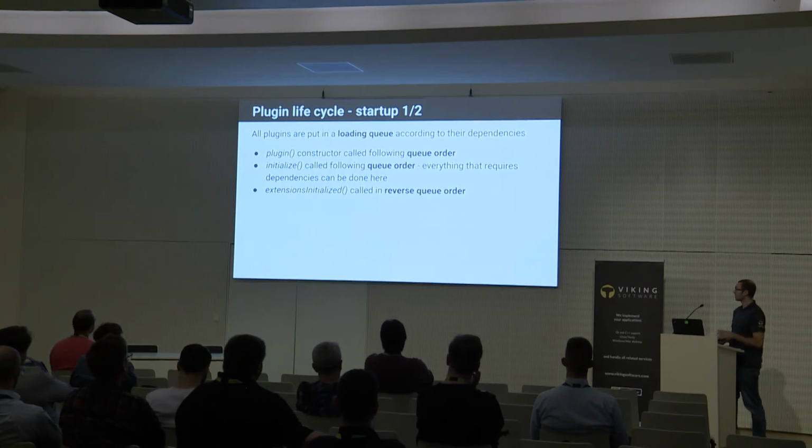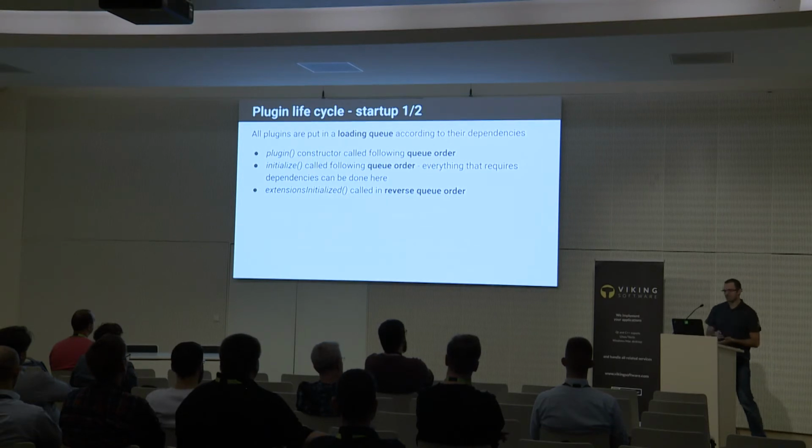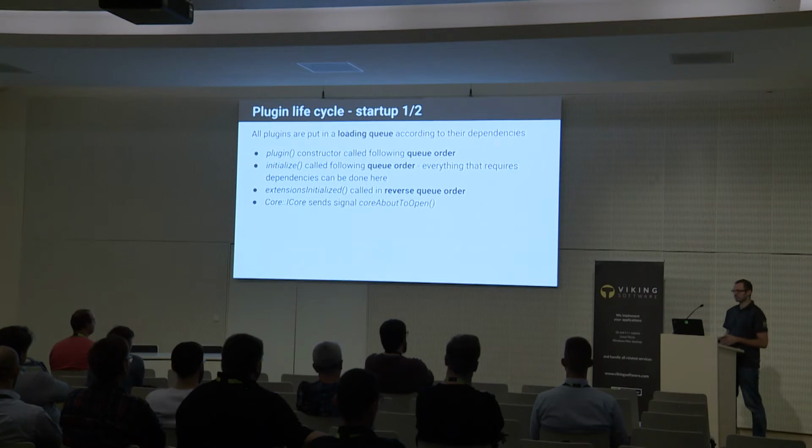After all the initialize functions have been called, the queue is traversed in reverse order, and the extensionsInitialized function is called for every plugin. So you have a second pass of initialization that you could use for getting signals connected or very specific things.